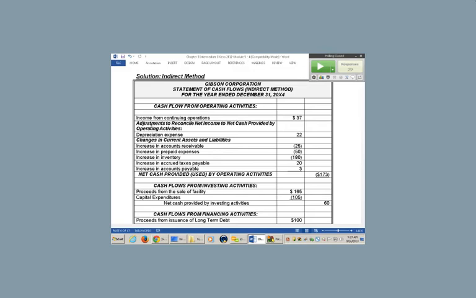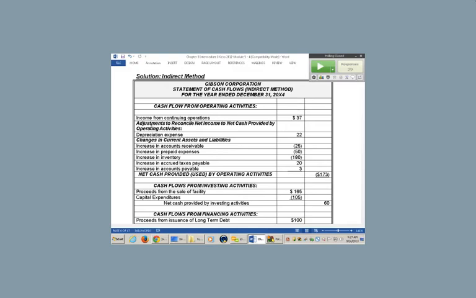But when I go to something like an investing activity, I need the gross changes. I need to know how much did you buy in cash and how much cash did you get on a sale. I have to show the gross changes. I can't net these out. I'm not permitted to net those out. And that's what requires the additional analysis.